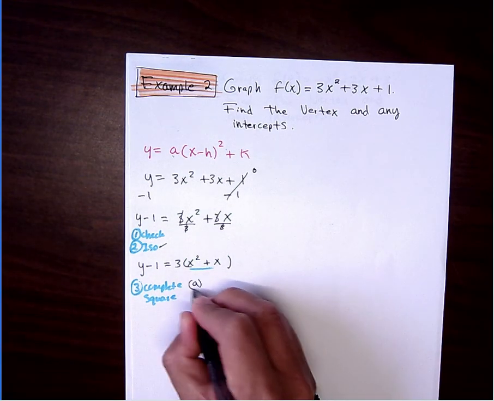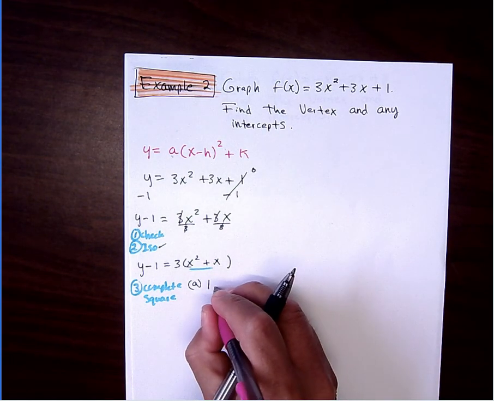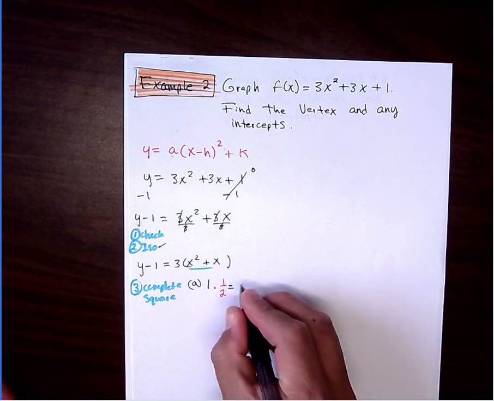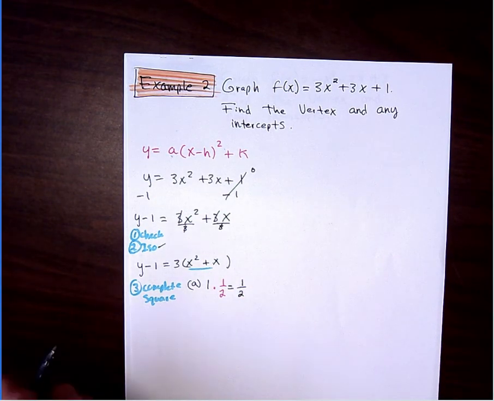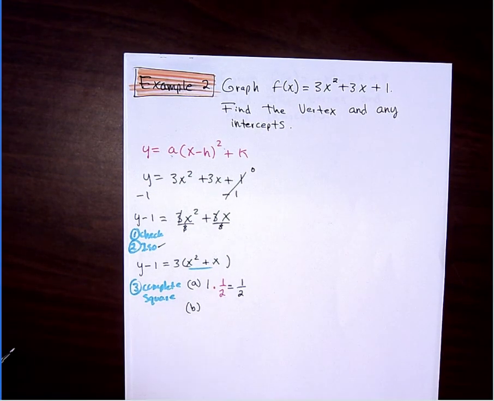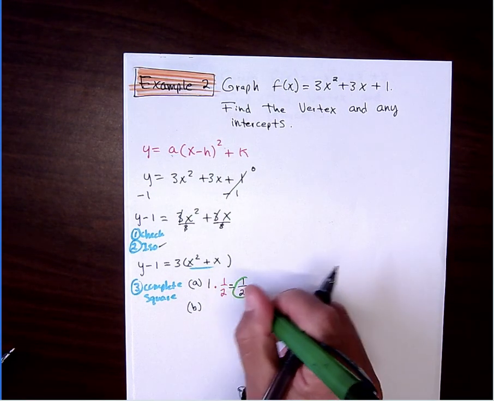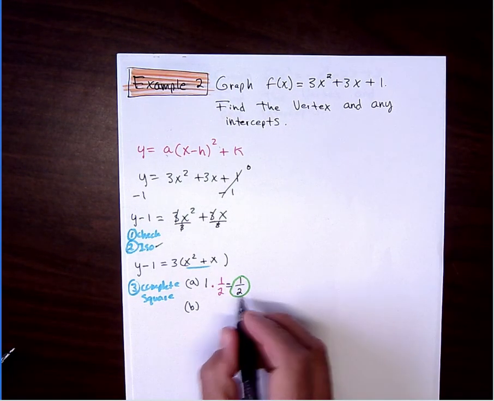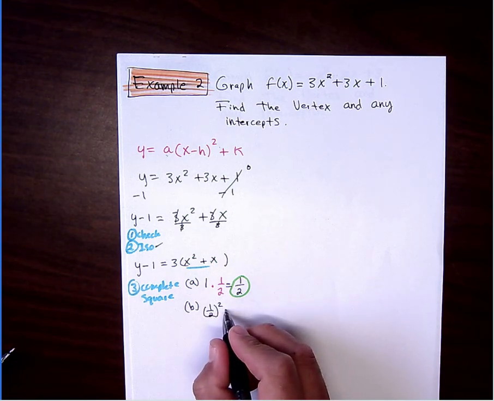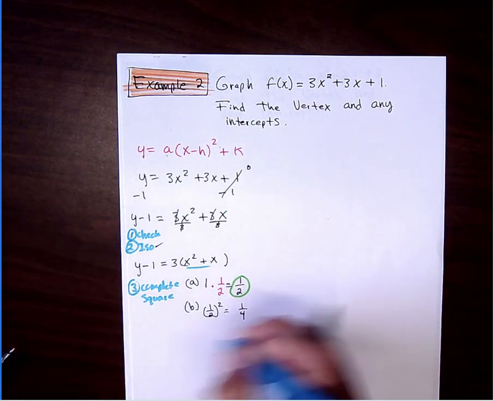It has the A, which is, so this is a 1 times the 1/2, which equals 1/2, and then it has the B part. I'll do it down here. I'm going to make it green this time. And so 1/2 squared would be the B part. That gives me 1/4. That would be the blue number.